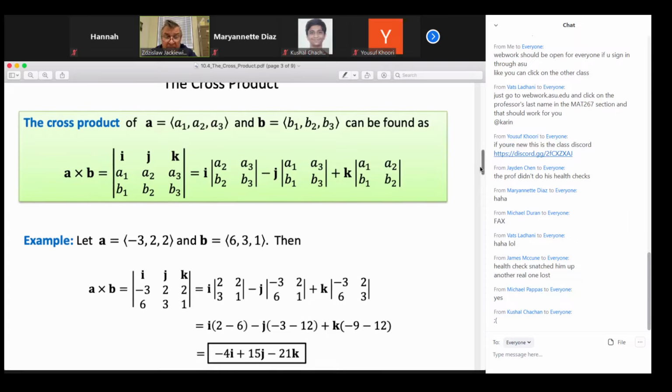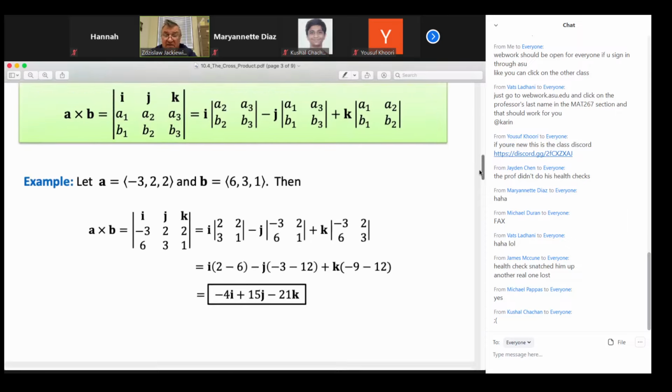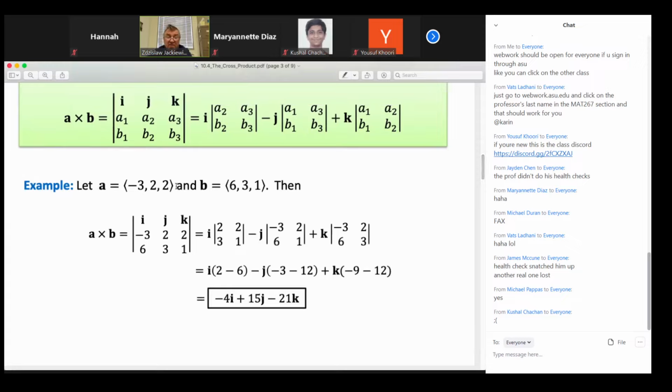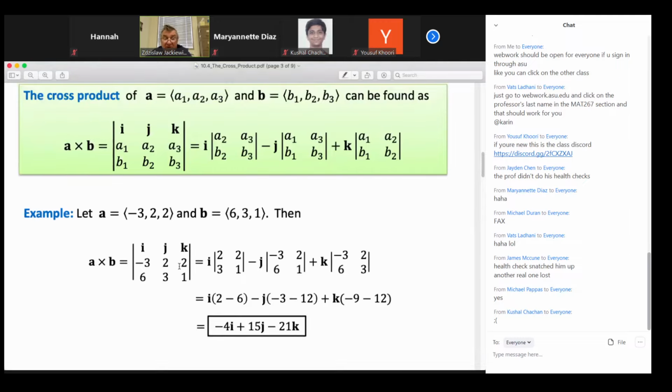Okay, so maybe for today, just one last example. Let's compute it. A has those coordinates, B has those coordinates, and they ask you to compute the cross product. Well, use this formula above. So the cross product is I, J, K, you always put this.